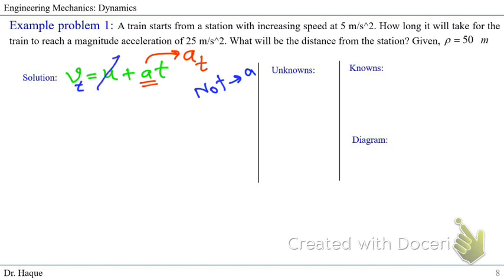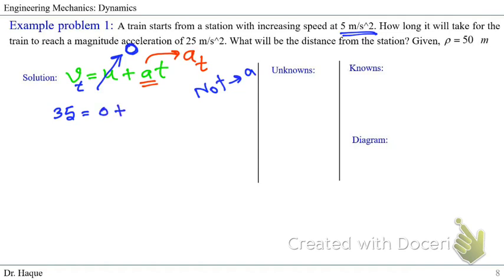U was the initial velocity, which is not given, and the train starts from a station, so we can assume that it starts from 0. So the initial velocity was 0, and the tangential component was given, which is 5 meters per second square. We found the tangential velocity when the acceleration is 25, the velocity is 35.